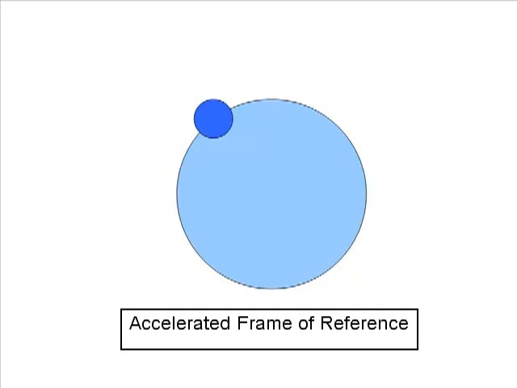So it is always in an accelerated frame of reference or non-inertial frame of reference. For a body in non-inertial frame of reference, to apply Newton's law, we have to consider a pseudo force which is equal in magnitude to that of the real force, but acting in a direction opposite to the real force.